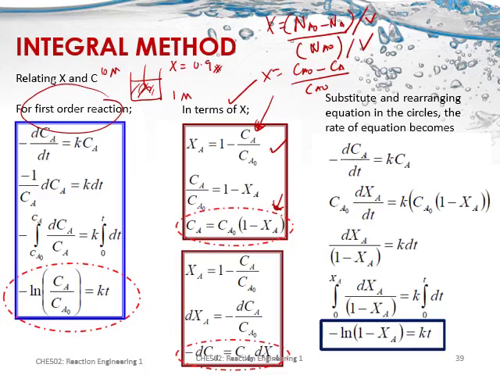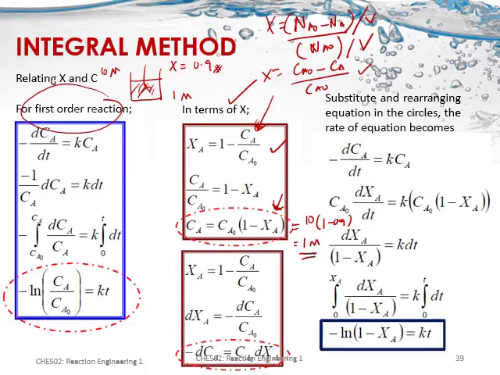Going from 10 to 1, the conversion is 10 minus 1 divided by 10, 0.9 or 90%. So CA is equivalent to CA naught, which here is 10, times (1 minus 0.9). So 1 minus 0.9 is 0.1 multiplied by 10 is 1. So by knowing the conversion, you may also calculate the final concentration.